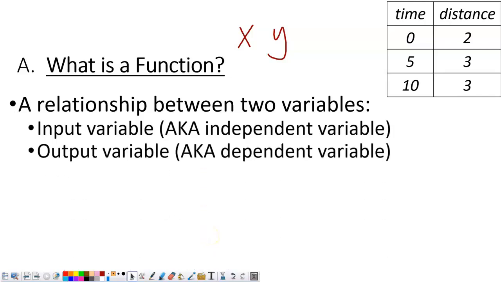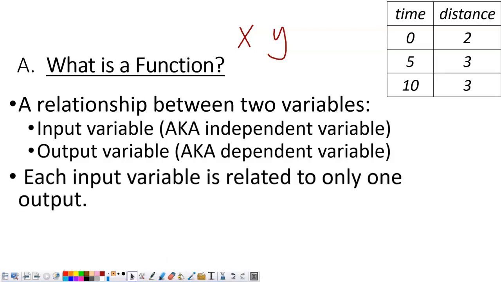The output variable is one that's known as the dependent variable. Okay, so one of these variables depends on the other one. Now, for a function, each input variable is related to only one output.